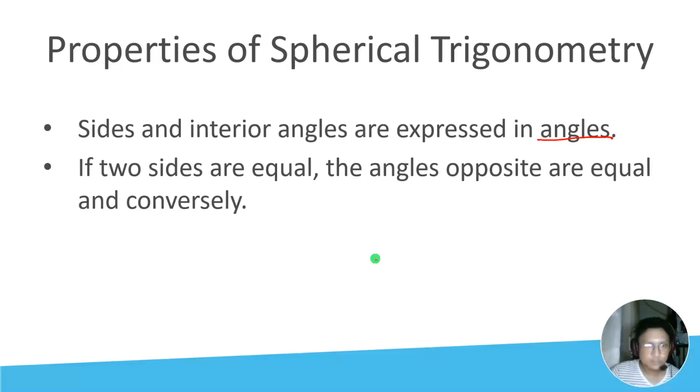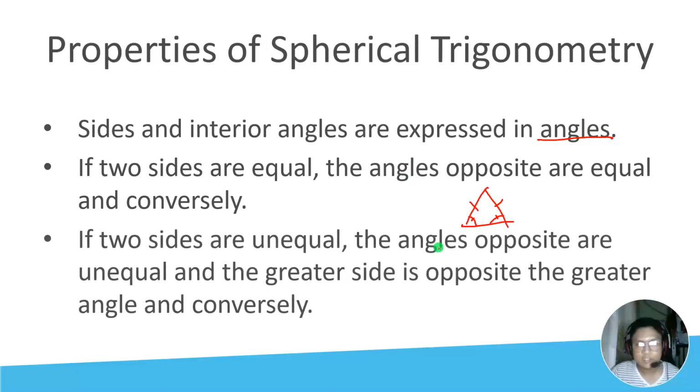Number two, if two sides are equal, the angles opposite are equal, and conversely. Same principle as plane trigonometry. If we have a triangle that has two equal sides, the angles opposite to these sides are also equal. Same way with a spherical triangle.